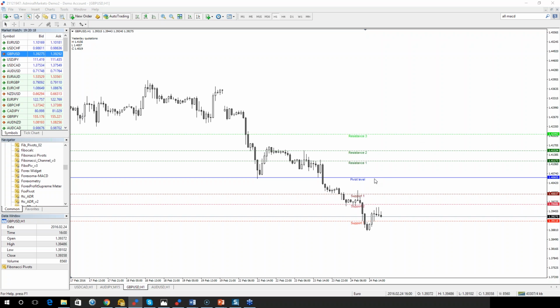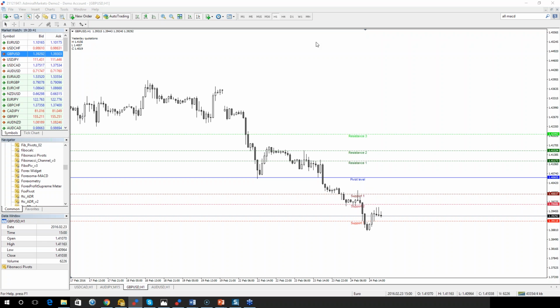Because when you see the pivot level, usually traders want to place trades close to the pivot point level. And if it's not possible, then traders want to see a breakout of either support or resistance.